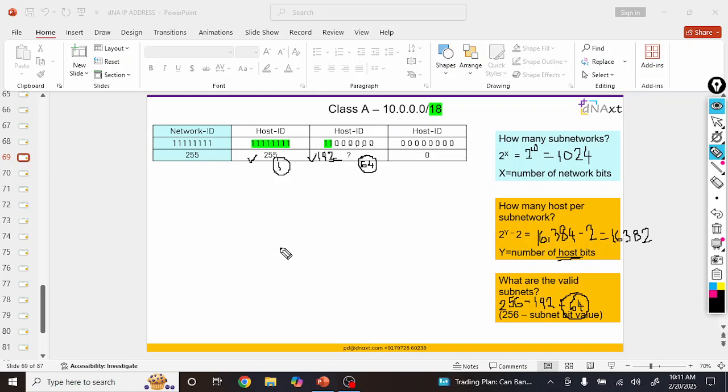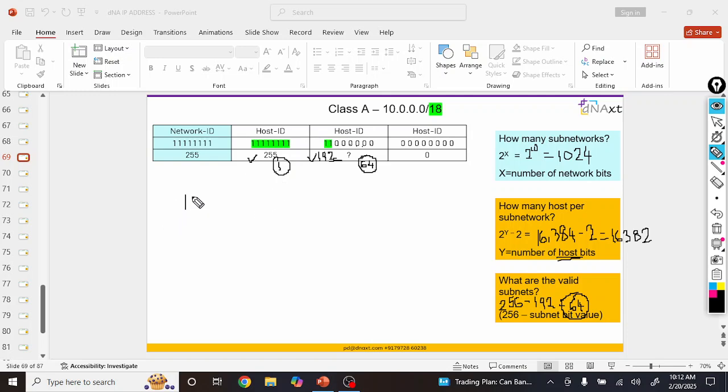As we have discussed also in the previous video, there will be an increment in the right octet first, that means in the third octet first, followed by an increment of 1 in the second octet.